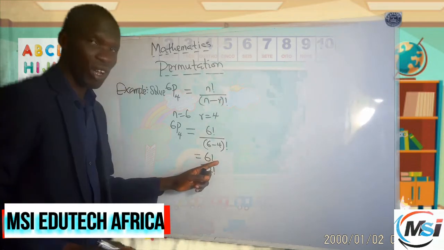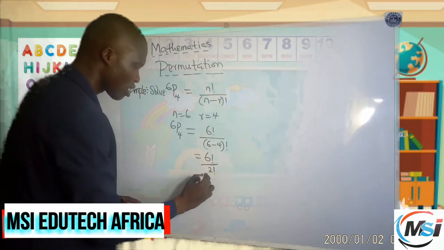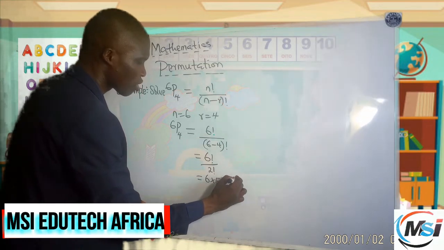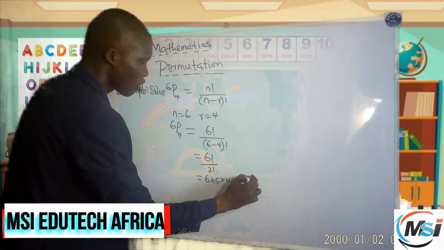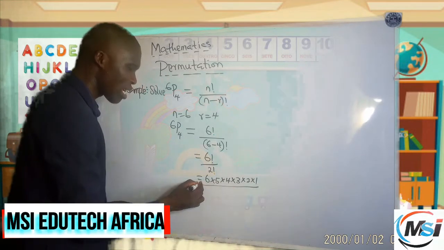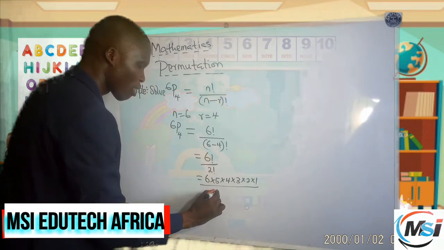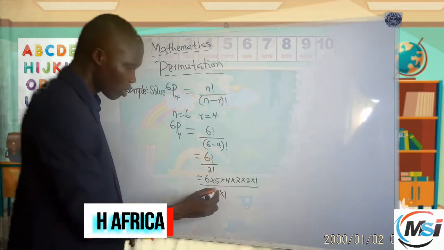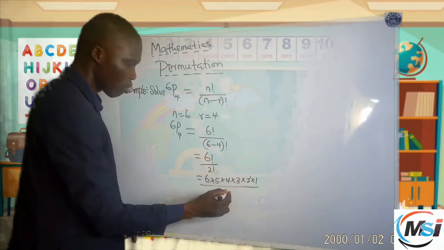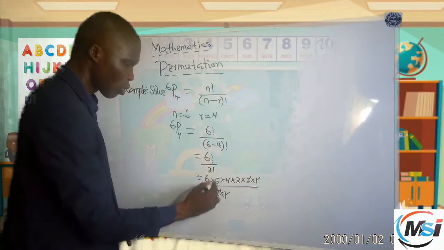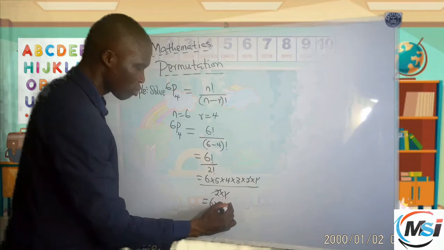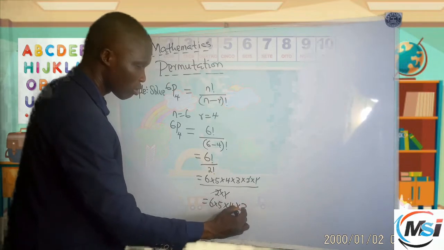Now 6 factorial is 6 times 5 times 4 times 3 times 2 times 1, divided by 2 factorial, which is 2 times 1. Now we can cancel the 2 and the 1. So we are left with 6 times 5 times 4 times 3.